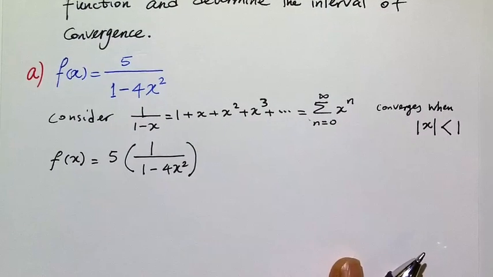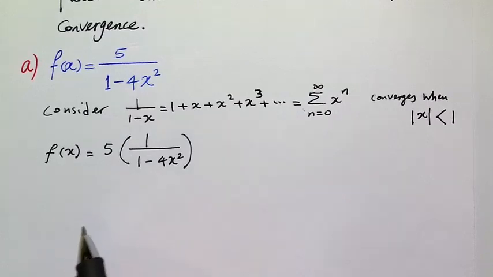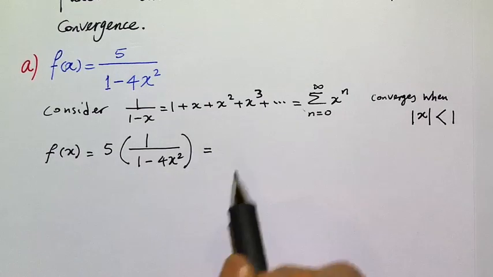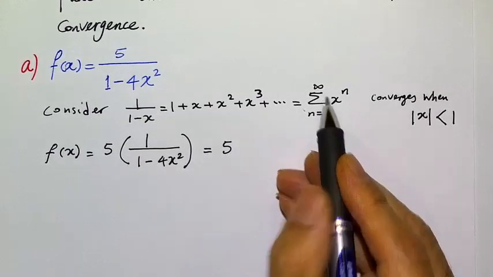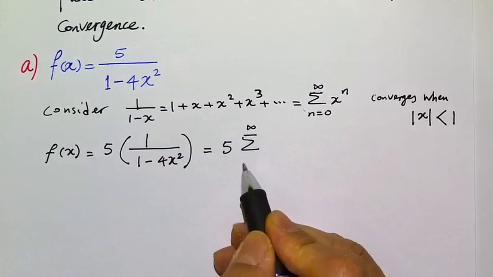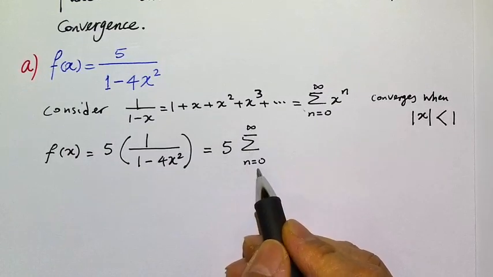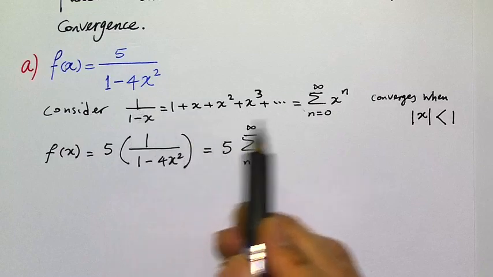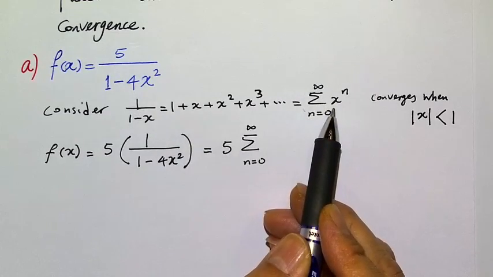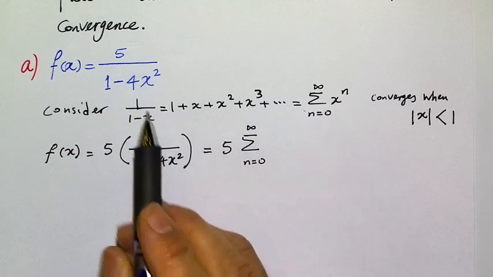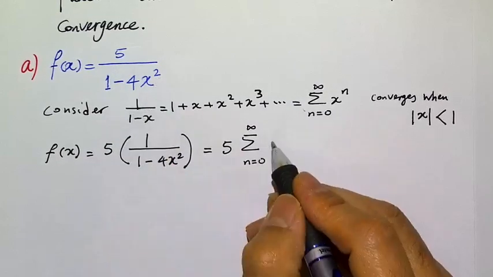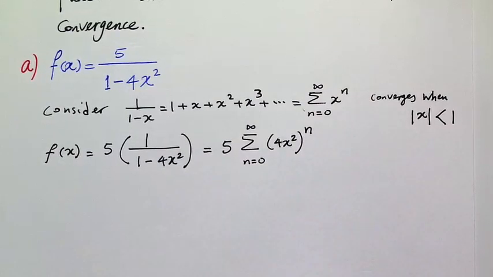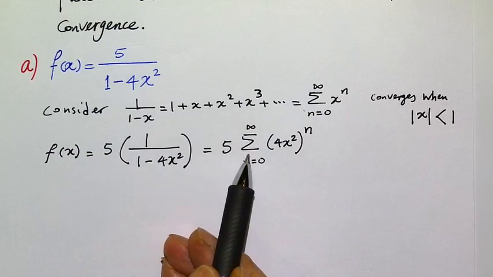Okay, so let's make use of that. So we will have, therefore, this equal to 5 times the sum going from 0 to infinity, instead of x, which belongs to this x here, right? This function is representative of this power series and vice versa. So instead of x, we have 4x squared to the n power. Okay, so we kept the factor out and in front of the series.